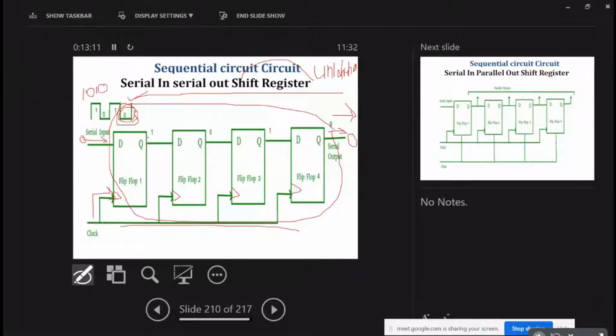So the output of the first flip flop is given to the input of the second, the output of the second is given as an input to the third, and the output of the third flip flop behaves as the input for the fourth flip flop.